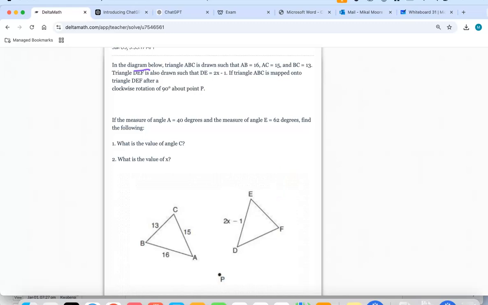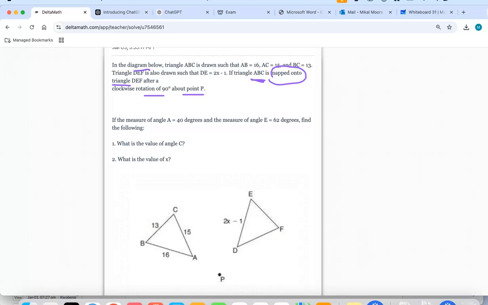Let's keep reading. If triangle ABC is mapped onto triangle DEF after a clockwise rotation of 90 degrees about point P, we're telling you that triangle ABC is mapped onto triangle DEF.